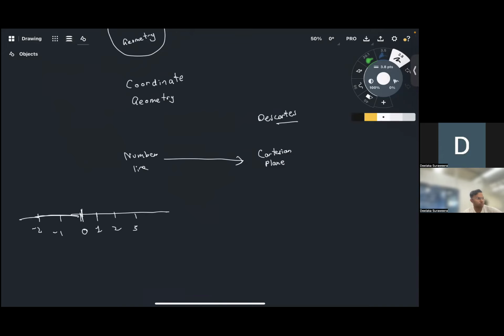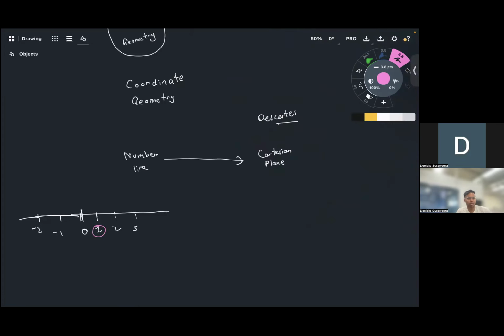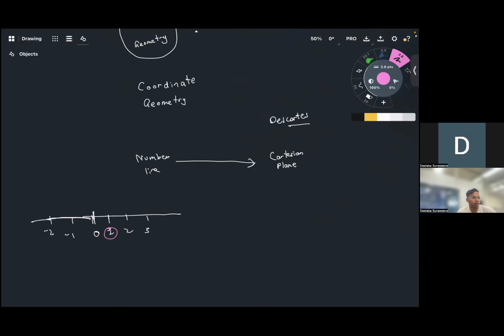It spans forever, right? And I know the numbers that are labeled are the whole numbers, but the number line doesn't cover just the whole numbers. In the gaps between the numbers, every single other number exists as well. For instance, 1.2 could be somewhere here. Pi could be somewhere here, like 3.14. It's somewhere there. And all these different numbers are in the number line.